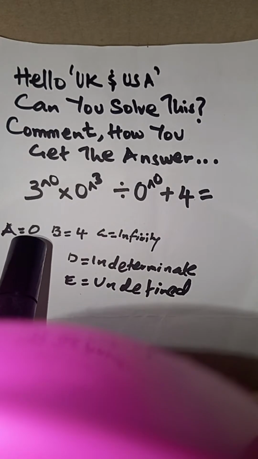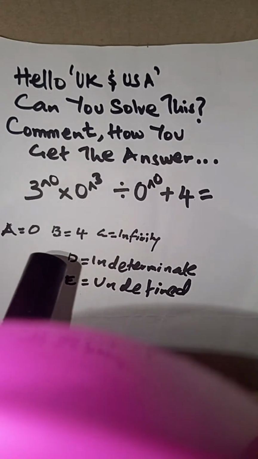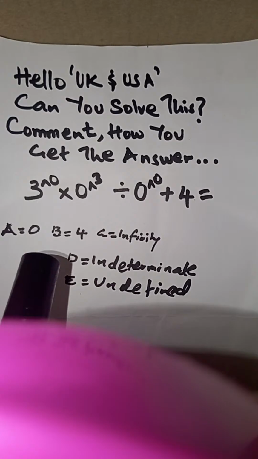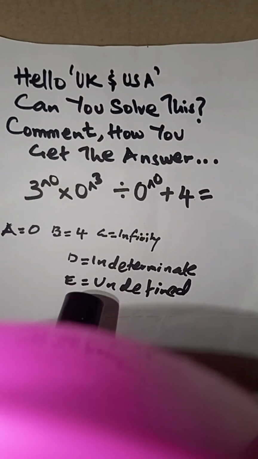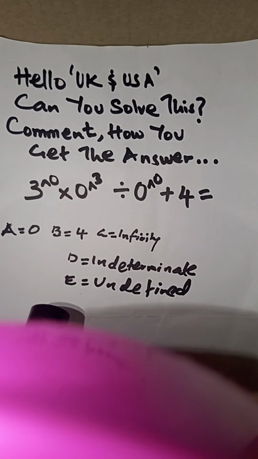It is a very big surprise how we're going to get 3 to the power 0. So Borsus has explained. So you who are watching, can you tackle this?